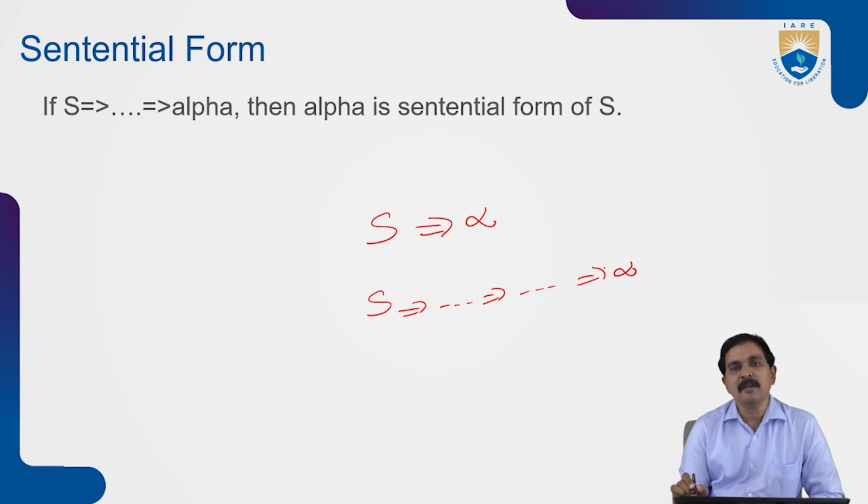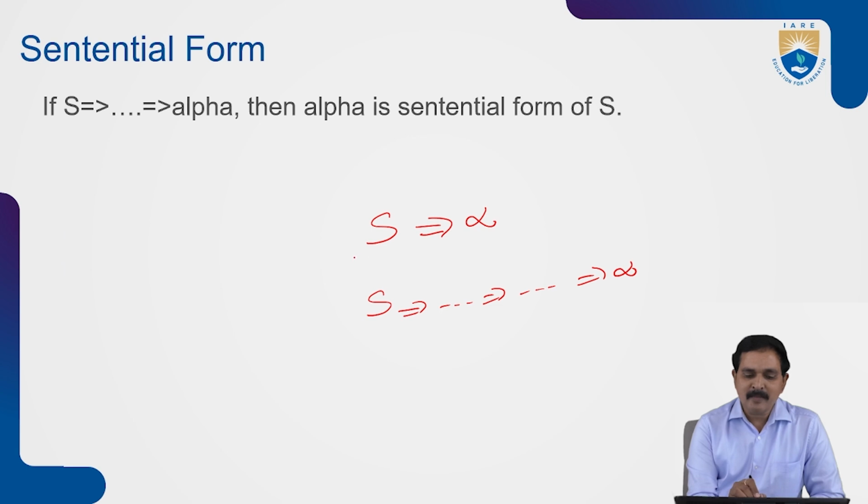Finally, you obtain alpha. Alpha is some combination of terminals and non-terminals, but you can generalize, because here I'm not taking a specific problem. So alpha is nothing but some derived string. For example, previously I discussed ID plus ID into ID, that is the derived string.